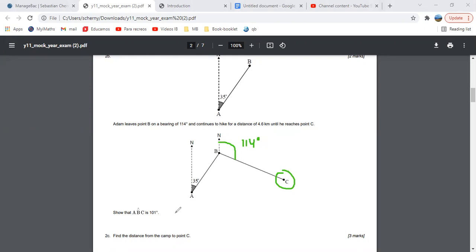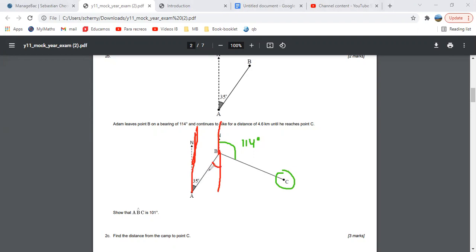For this, we won't use any formula from the booklet, but what we have to realize is that since these are parallel lines, something we can recall from the IGCSE or another math year is that this angle is the same as this angle.